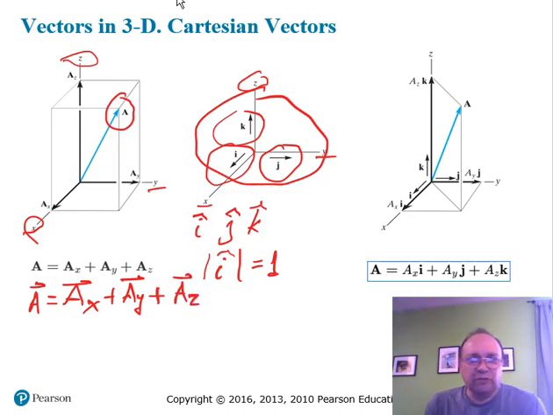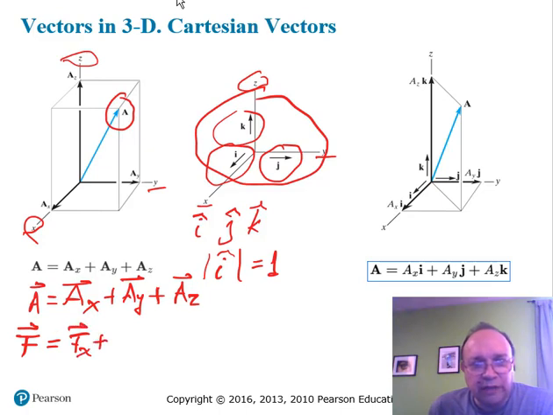That's a better notation when you are doing handwriting. Or we can do this for a force. A force could be expressed as a summation of its components: the component of the force in the direction of the x-axis, the component in the direction of the y-axis, and the component in the direction of the z-axis.